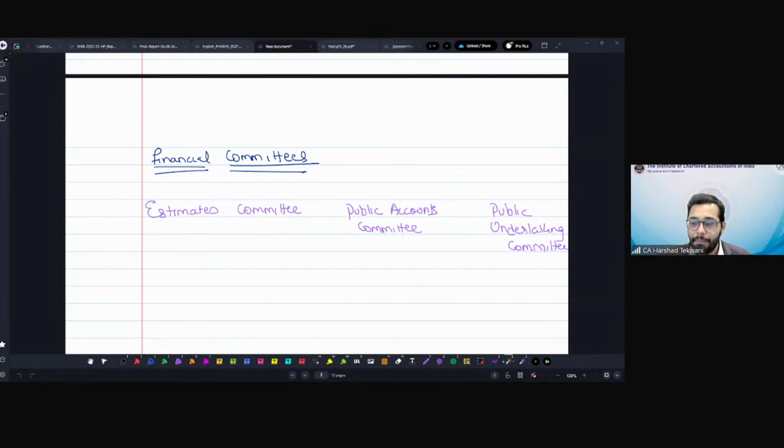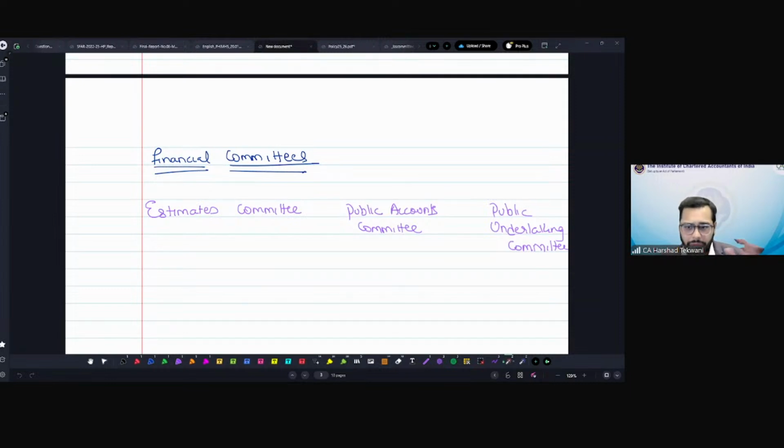So it is more detailed in nature compared to the Estimates Committee. The Public Accounts Committee looks in more detail at disbursements and all that. So that is the role of the Public Accounts Committee.